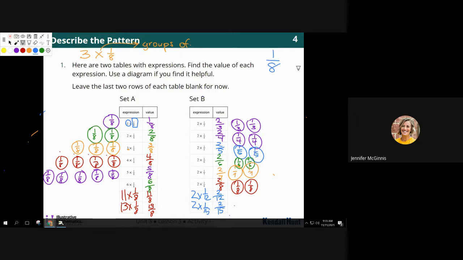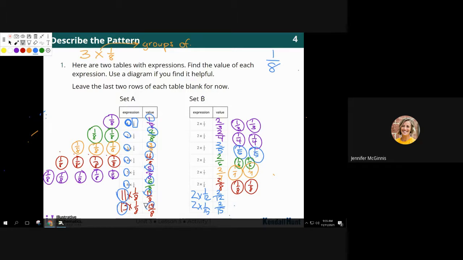Whole number, numerator. Whole number, numerator. Are you tracking with me?